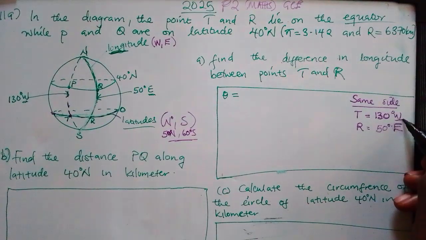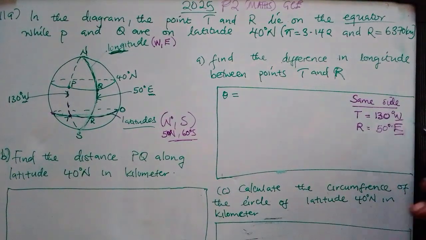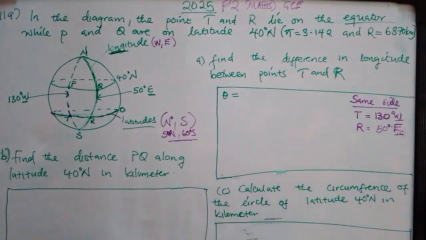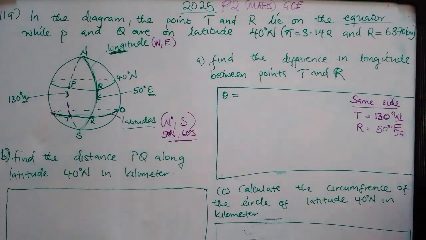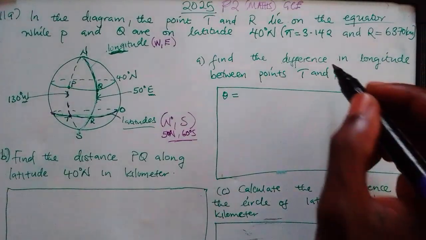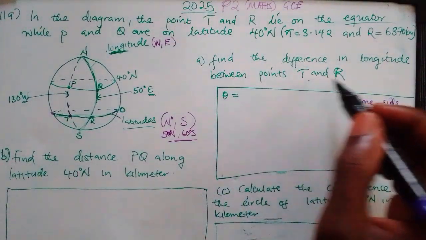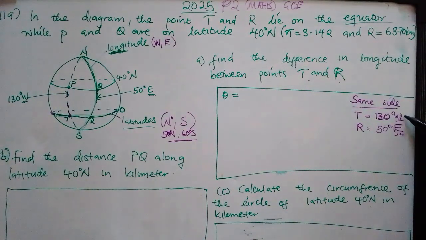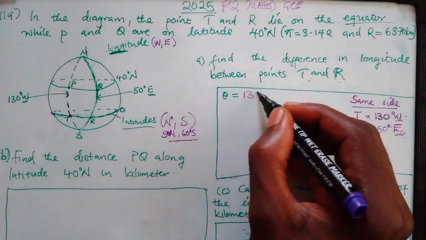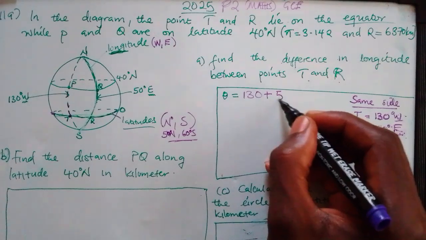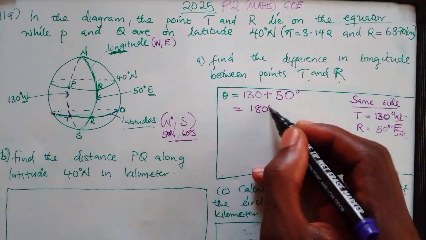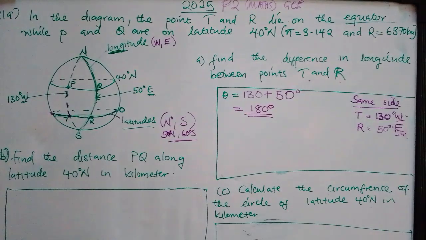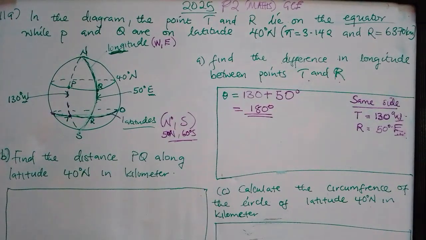Whenever I have west and east, these sides are different, so I'm supposed to add them. So the difference in longitude between T and R, since they have different sides, west and east, is 130 plus 50 degrees, which gives me 180 degrees.